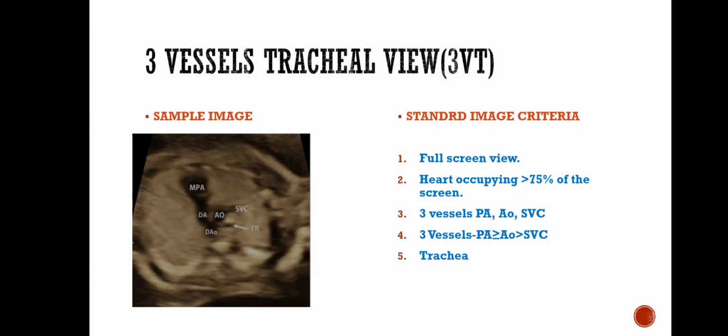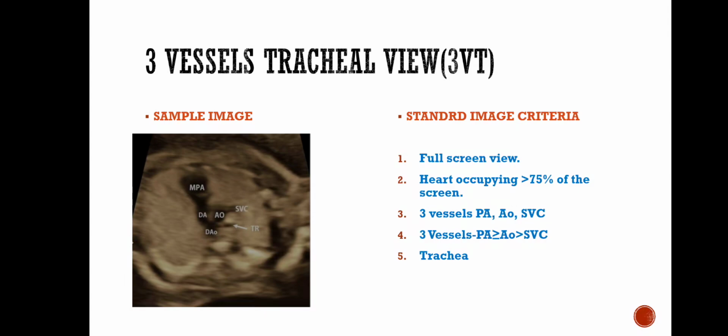Come to the three-vessel tracheal view. The three-vessel and tracheal view, commonly known as 3VT view, is among the most powerful screening planes. These vessels should be identified in sequence: the pulmonary artery, the aorta, and the superior vena cava, anterior to posterior.